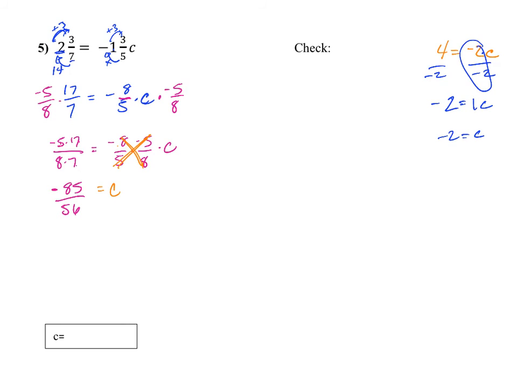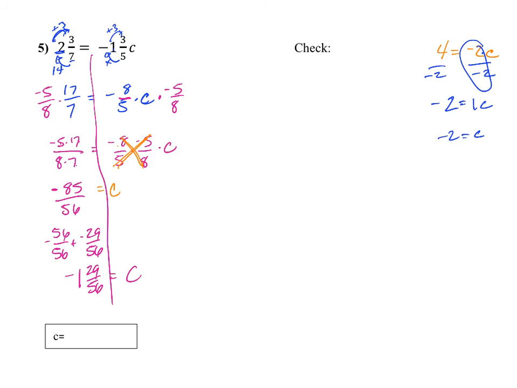So I can keep it as negative 85 fifty-sixths, or I can look at that and say, well, that's the same thing as 56 fifty-sixths plus negative 29 fifty-sixths. So I'm going to have negative 1 and 29 fifty-sixths equals c.